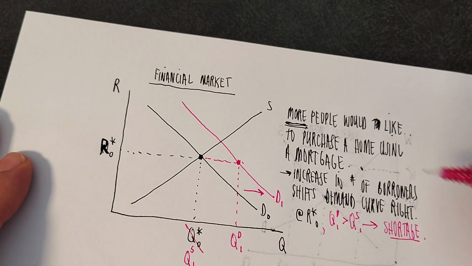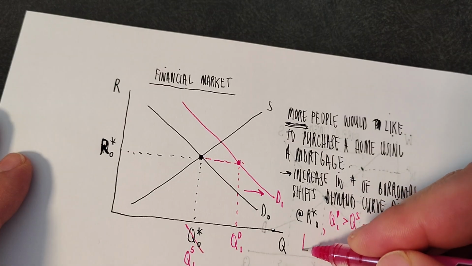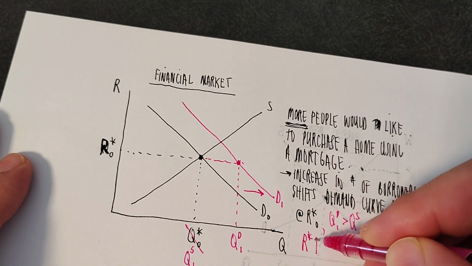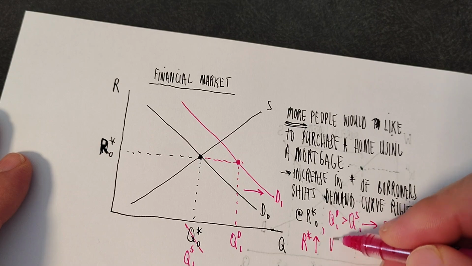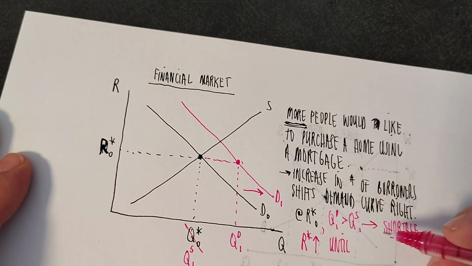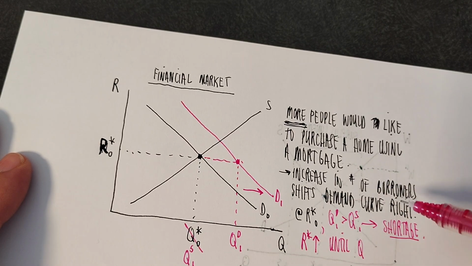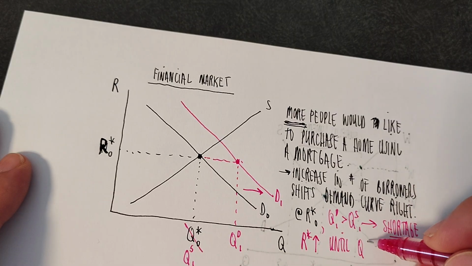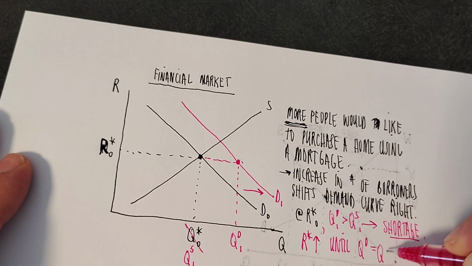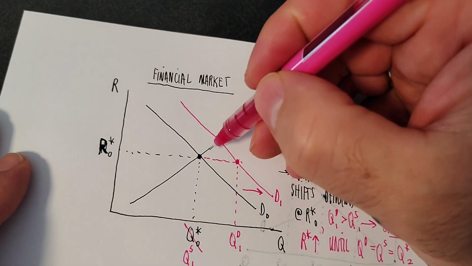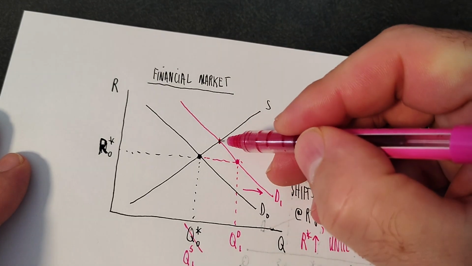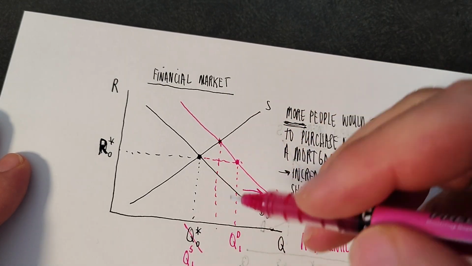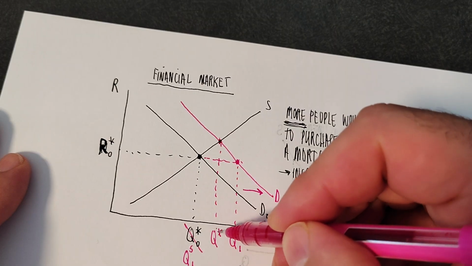All right. What happens with shortages? The interest rate will rise until the quantity demanded is equal to the quantity supplied, which is Q star 2, which is right over here. All right, so that's Q star 2.